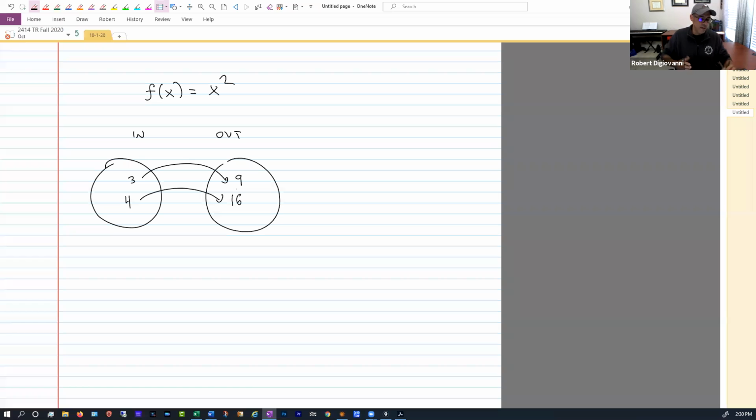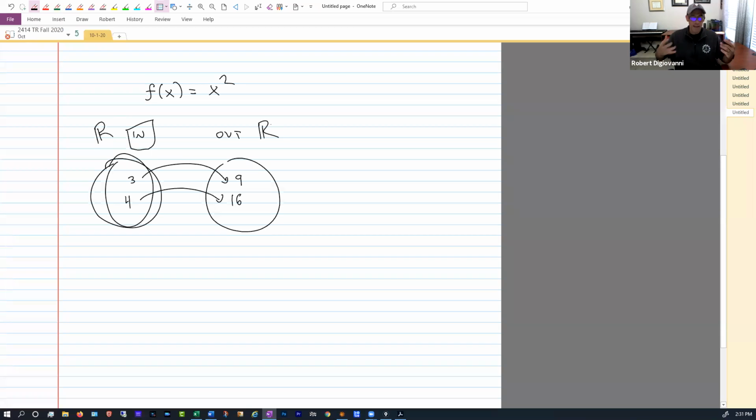Each of these things going in is a number, the 3, the 4. So everything going in comes from a number line. Y'all seen that notation for the real numbers? What goes in is a real number, and what comes out is also a real number.